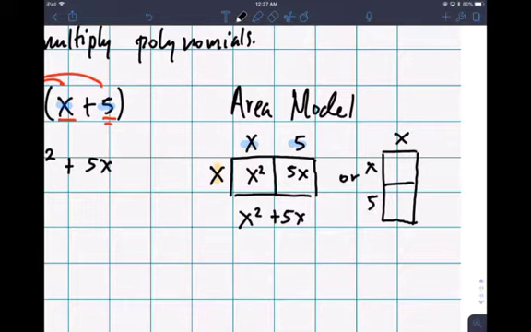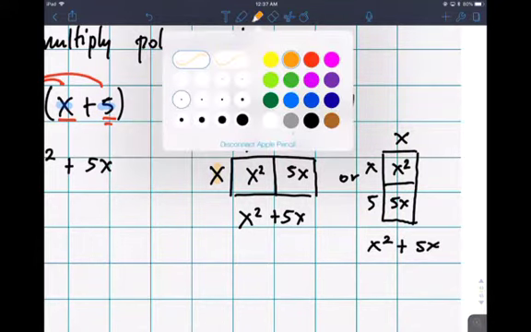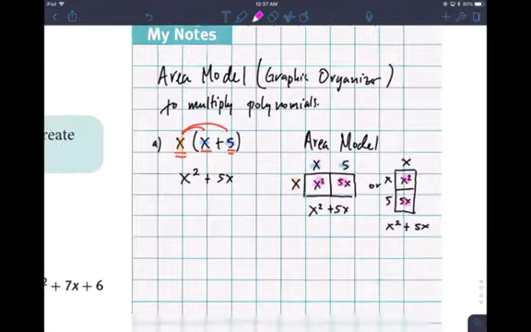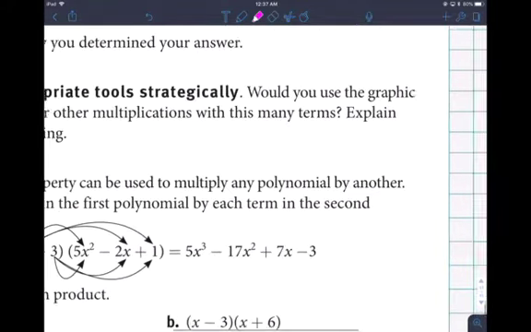And when I do my multiplication, x times x is x squared, x times 5 is 5x. Notice I will still get the same results, x squared plus 5x. So again, doesn't matter how you draw your rectangles, the results inside are the same. And we commuted the multiplication. So that's one example.